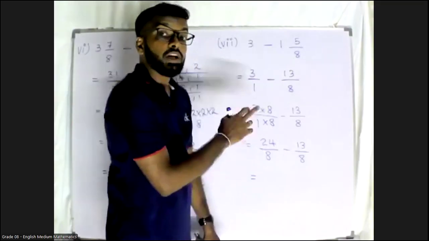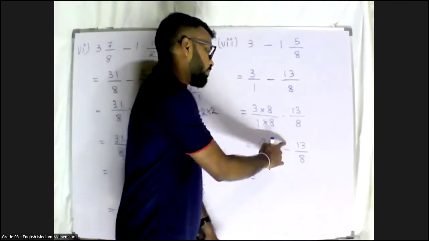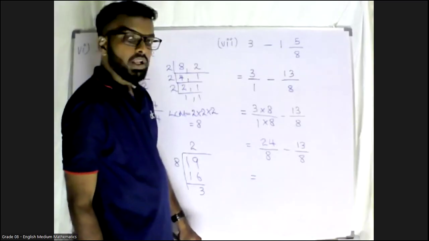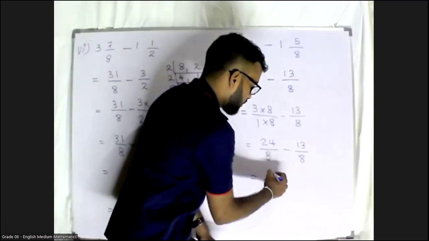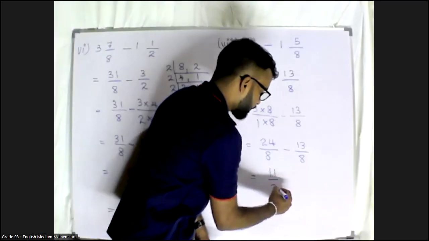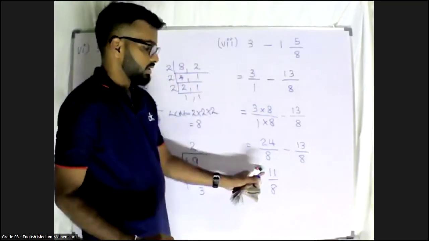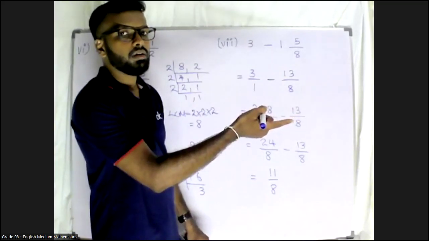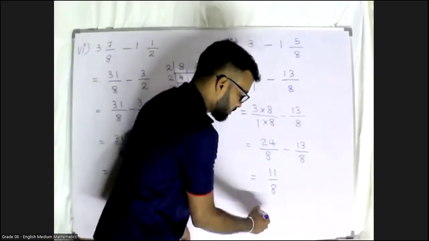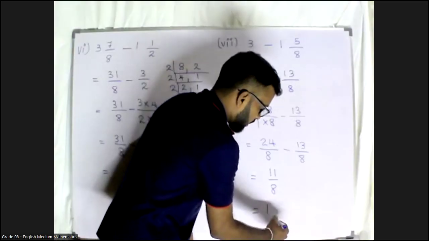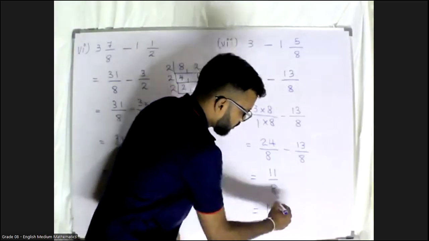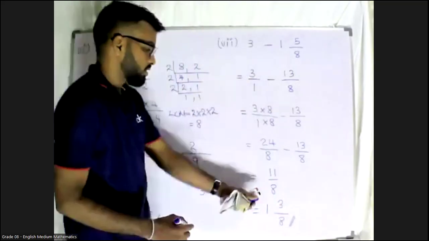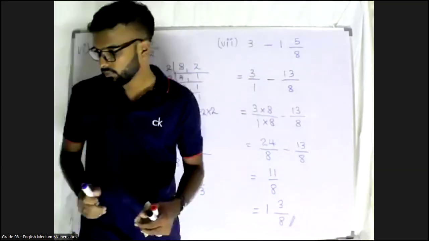Get the subtraction of the numerators. 24 minus 13 is 11. 11 upon 8. So this is an improper fraction. Convert it into a mixed number. So the answer should be 1, 3 upon 8. It should be the answer. Right.